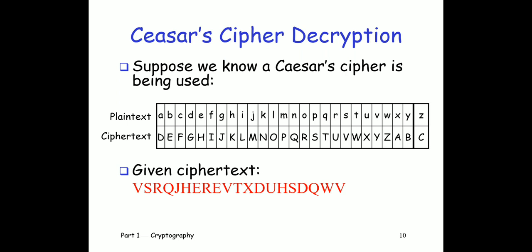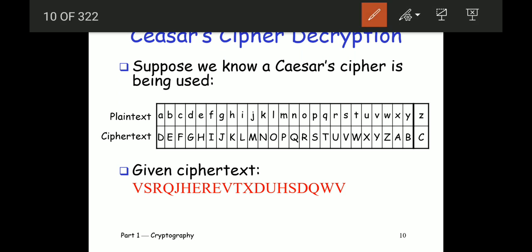So for example, if the given cipher is VSRQ and so on, then finding V in the ciphertext, how can we get back to the plain text message? You can replace the ciphertext V with the plain text small s, capital S will be converted to small p, capital R will be converted into small o, and capital Q will be converted into small n, capital J into small g, and capital H into small e, and so on.